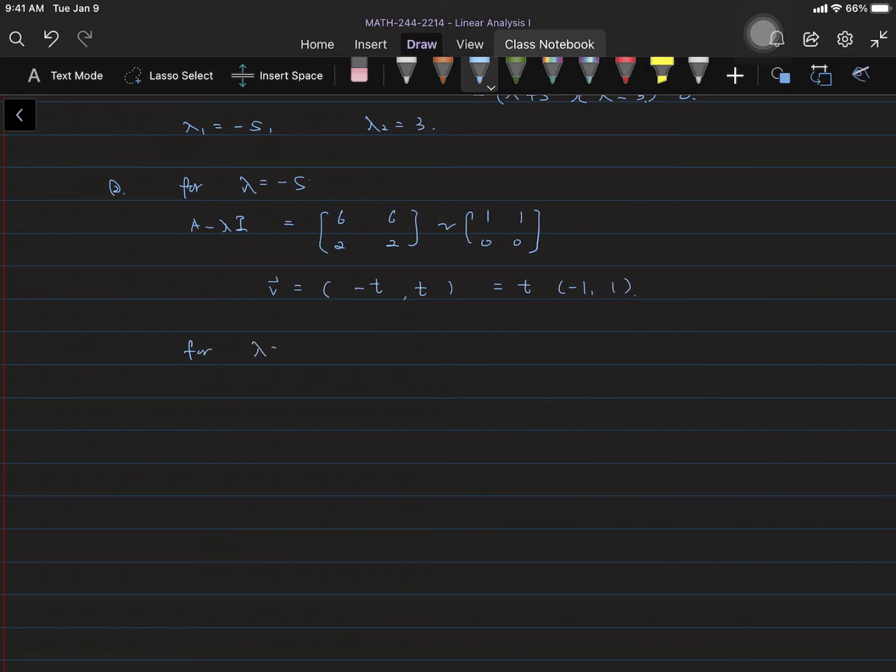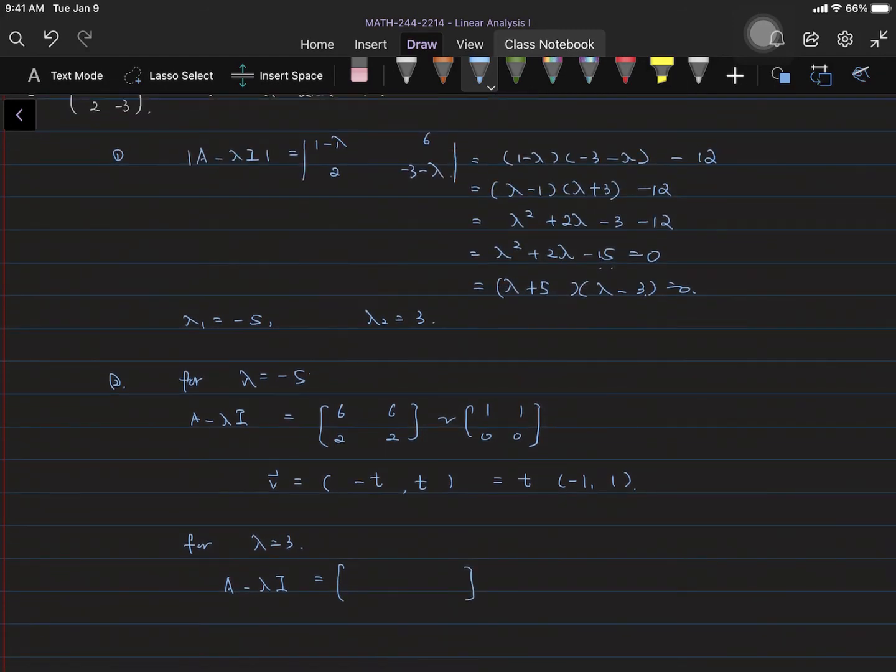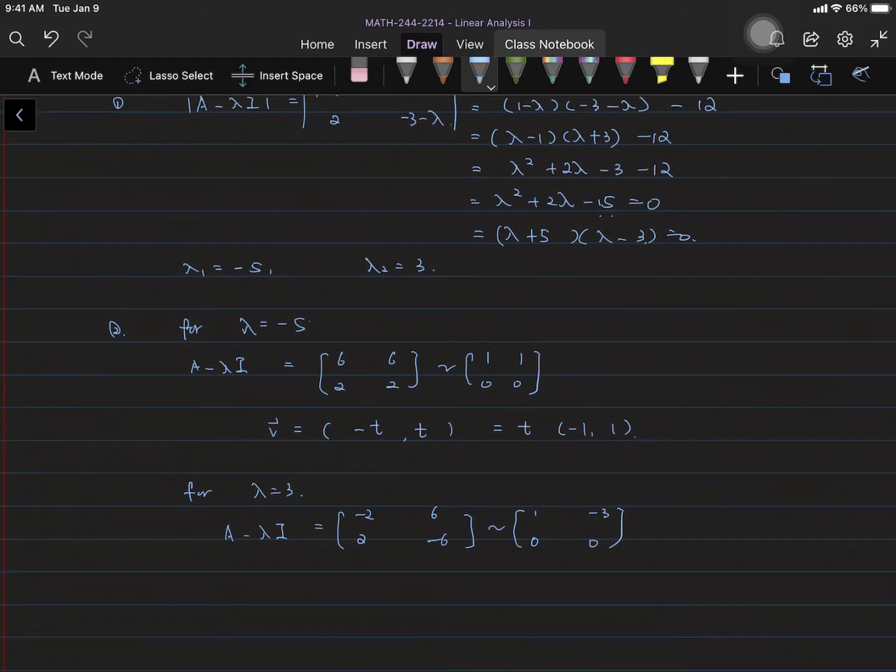For lambda equals 3, same thing, I plug in A minus lambda I. So 1 minus 3, so -2, 6, 2, -3 minus 3 should be -6. Simplify, 1, -3, row echelon. This kind of matrix is usually pretty easy to make into row echelon because it always has the same row.